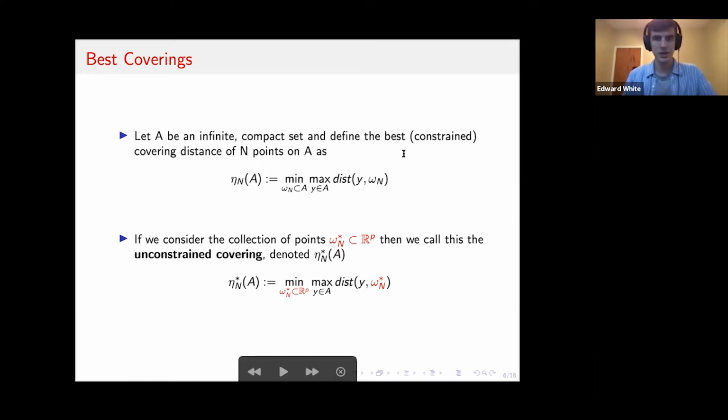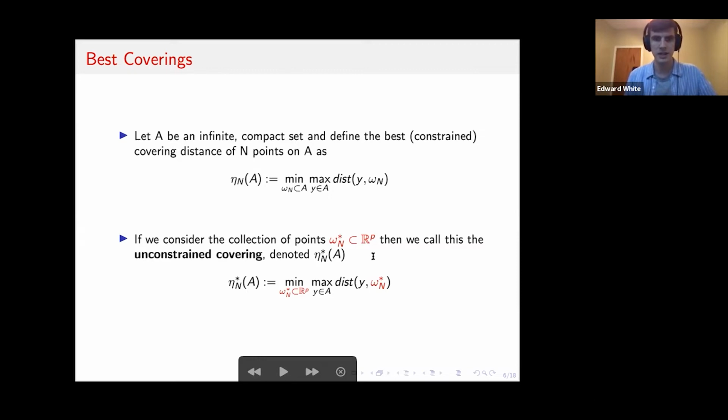So this is a constrained covering because we want the constraints to be that our covering points are contained inside the set A. And then if we also consider the set of points omega n star no longer restricted to the set A, but instead the ambient space, this is the unconstrained covering. And we just denote this with eta n star.